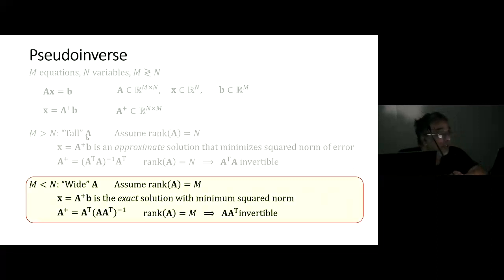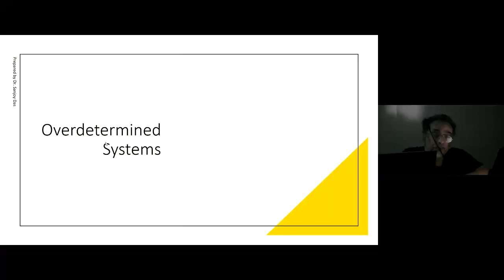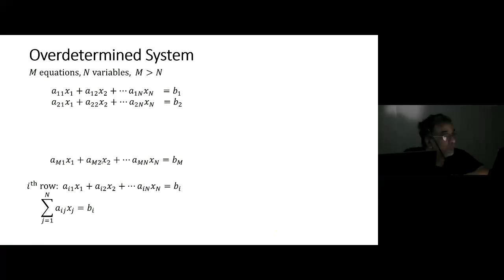Okay, so now we'll take up these two cases separately. First, we focus on overdetermined systems. So we have m equations in n variables, and m is greater than n. These are my linear equations. How many equations do I have? M equations. M as in Maryland.